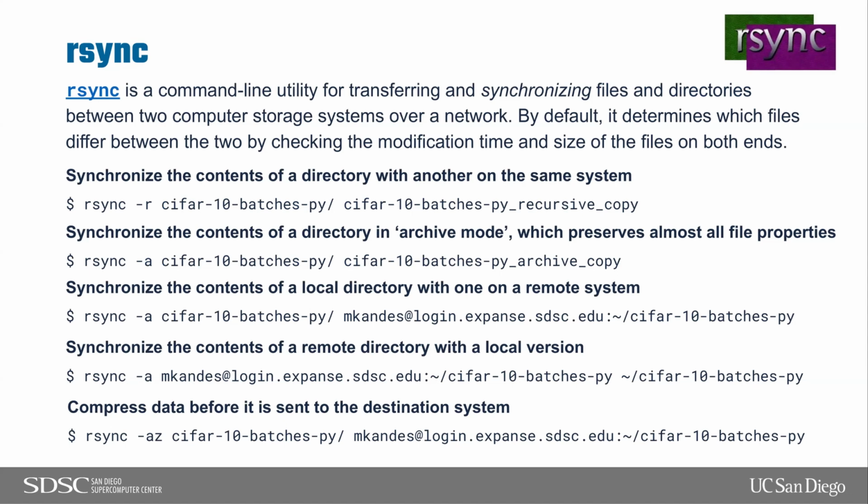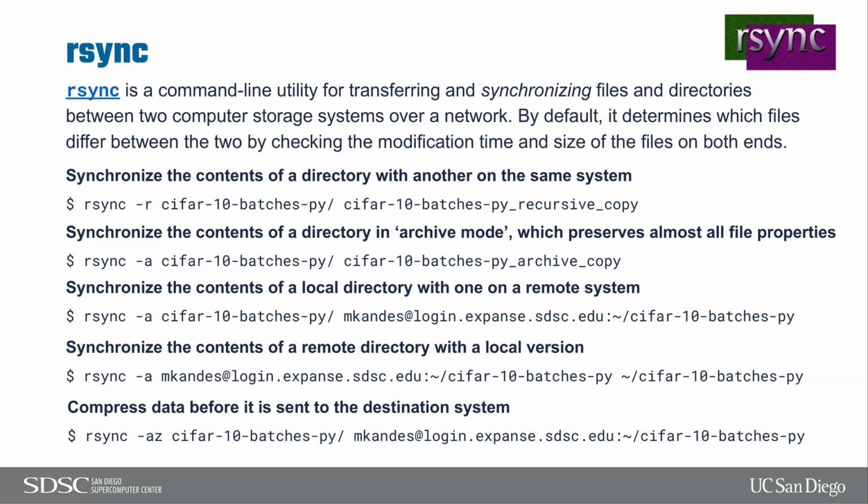Now, this tool rsync is one that I haven't used a ton myself until recently. But I would say once you learn SCP and SFTP, this is the next tool you really want to learn. It's kind of like the command line Linux Dropbox for transferring data between your local system and the HPC system you have access to, to maintain synchronized directories or sets of files between each system, right?